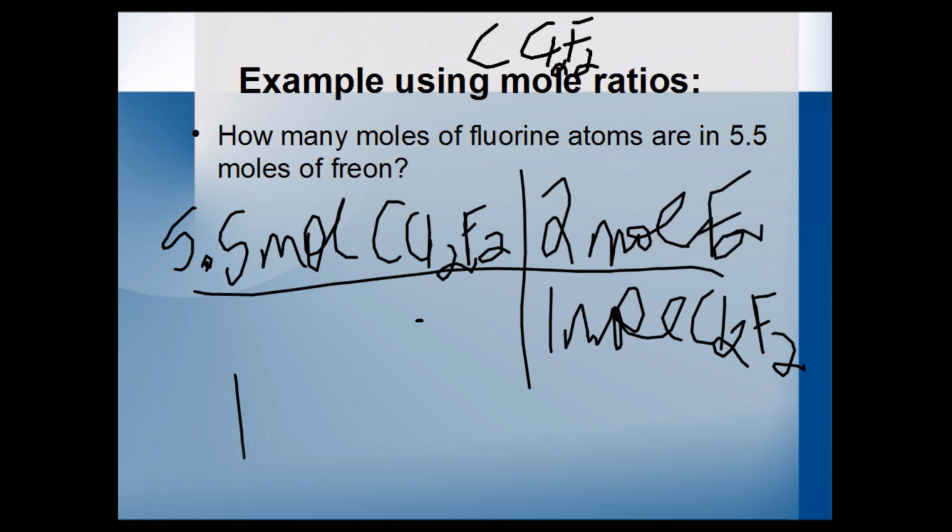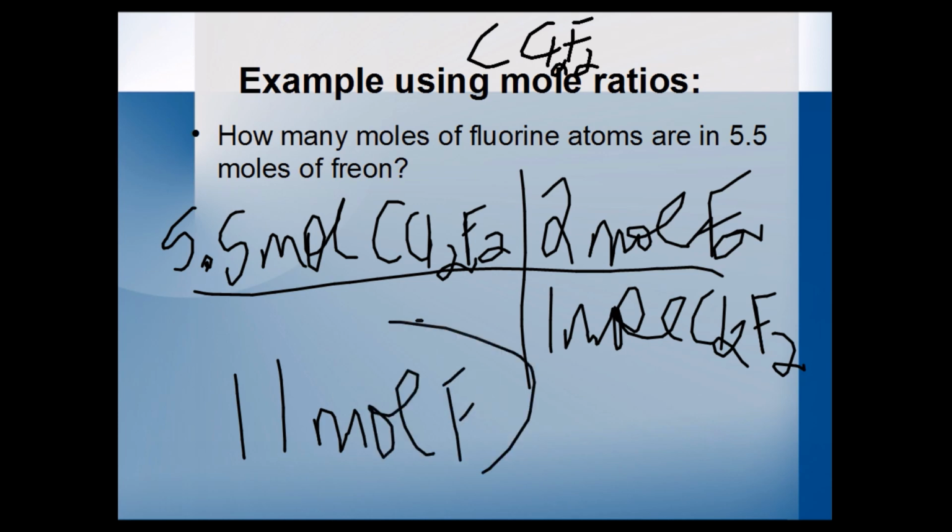So we're basically going to double it. So it's 11 moles of fluorine. Okay, so you see how that works? You can kind of do it in your head, but you could also write it out so that it's more apparent and you can use it in other problems.